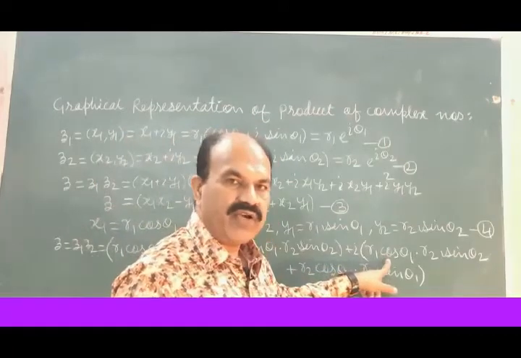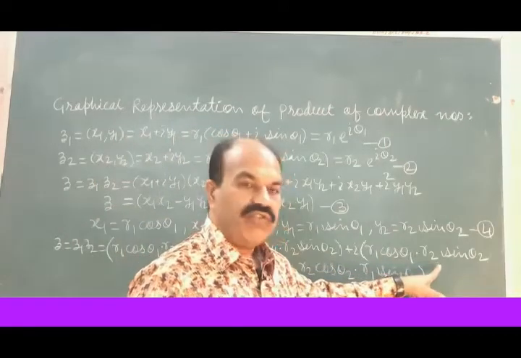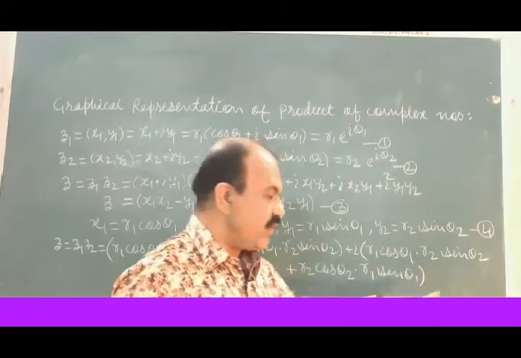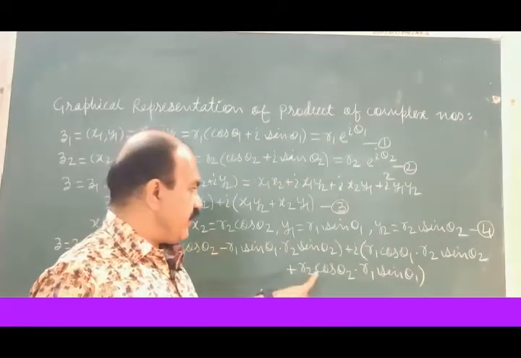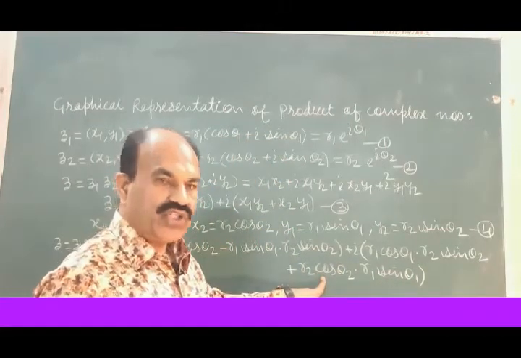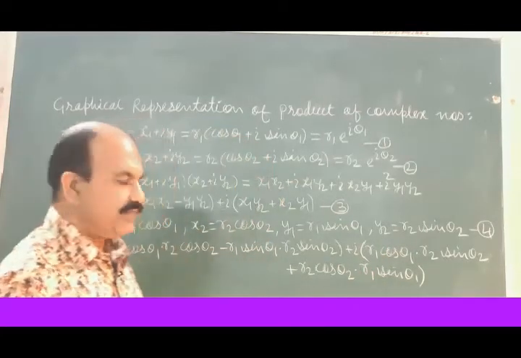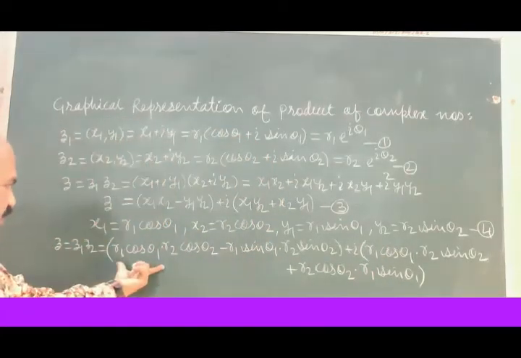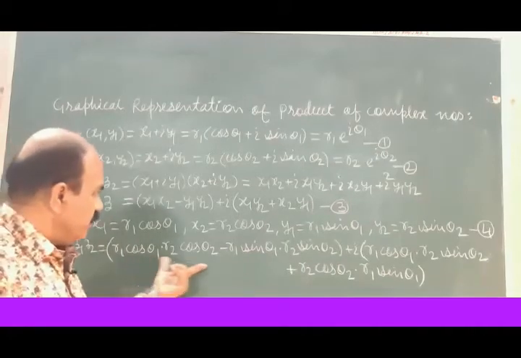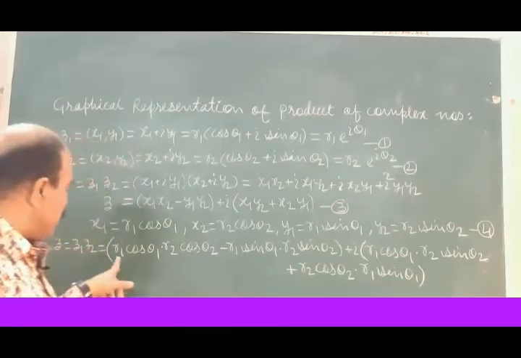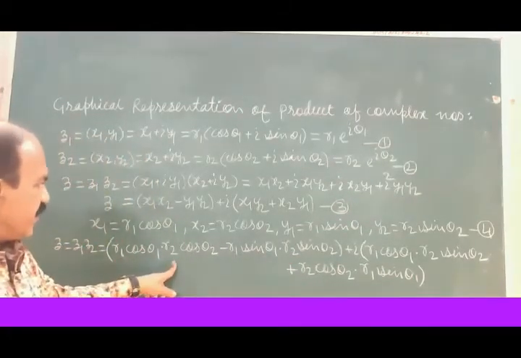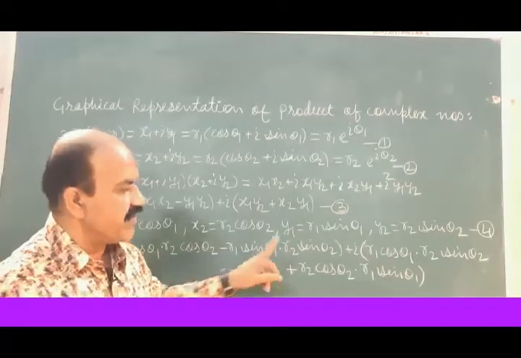r1 cos theta 1 into r2 sin theta 2 plus r2 cos theta 2 into r1 sin theta 1. Observe these two terms: r1 is there, r2 is there.